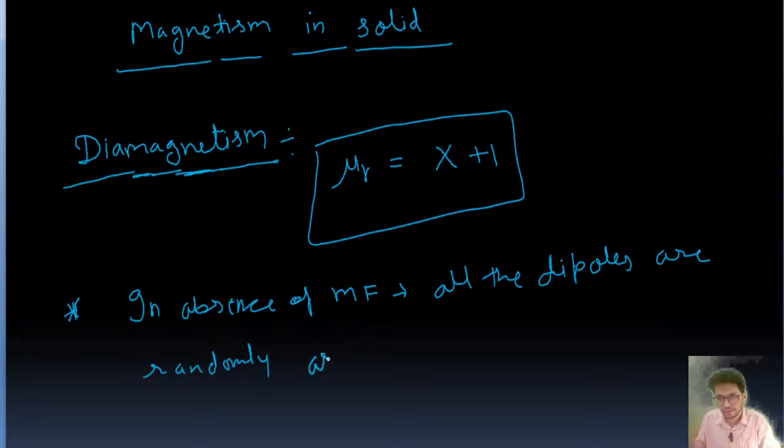There are dipoles inside the diamagnetic substance, and they are randomly arranged in different directions, like this.